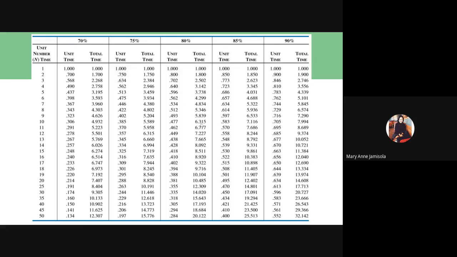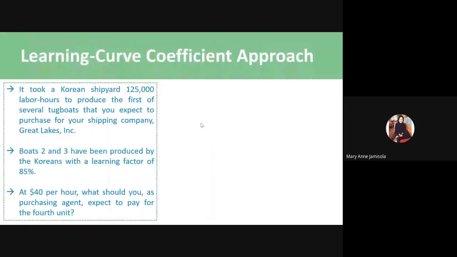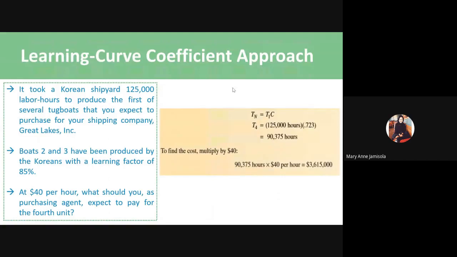That is now our coefficient. So this will now be our formula: 125,000 hours times 0.723. If you compute that, you will get 90,375 hours. That's how many hours are required to finish the fourth unit.